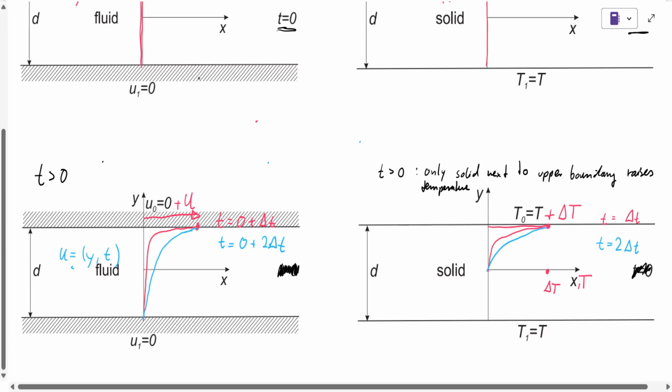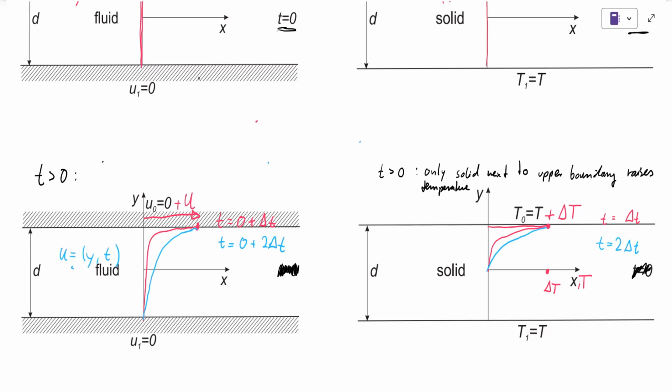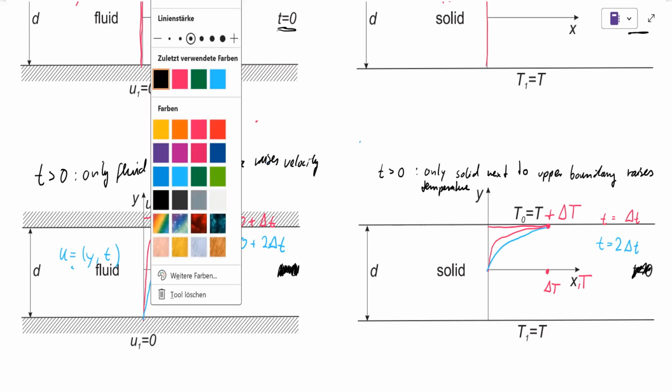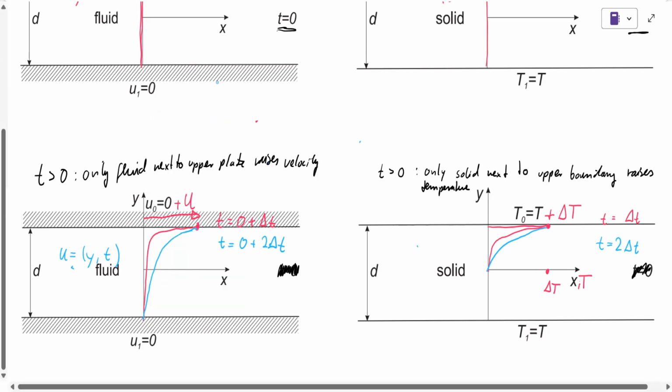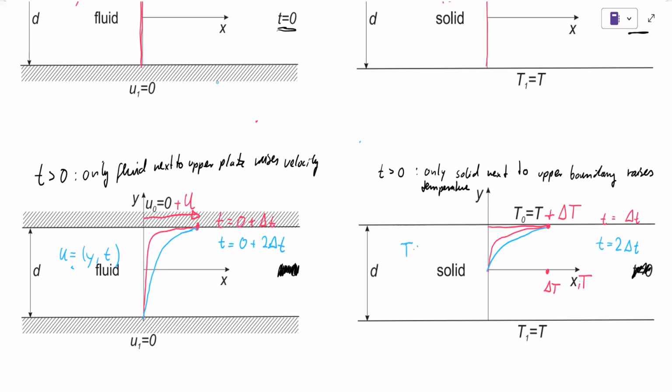And on the left-hand side, only fluid next to the upper plate raises its velocity. Also on the right-hand side, I just did not write it down, but I will do that. Then we will see a temperature profile T, which depends on y and t.